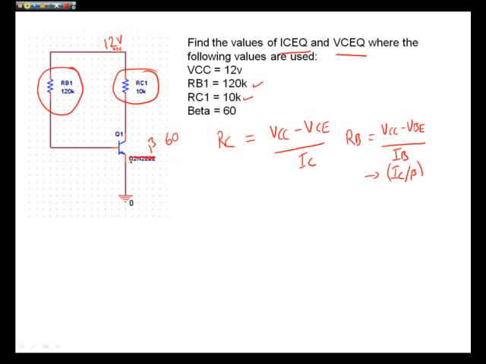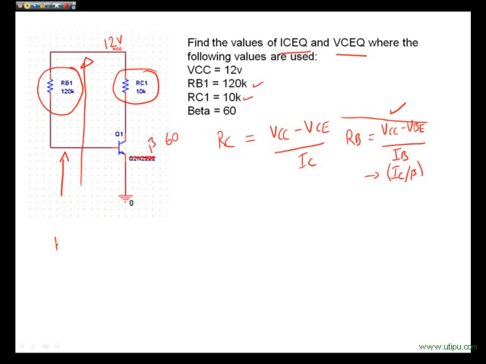So, big question, where do we start? We start here and we look at this bias line. We've already got some numbers here, so it's quite straightforward to do. First off, we're going to use this equation that we've already calculated.